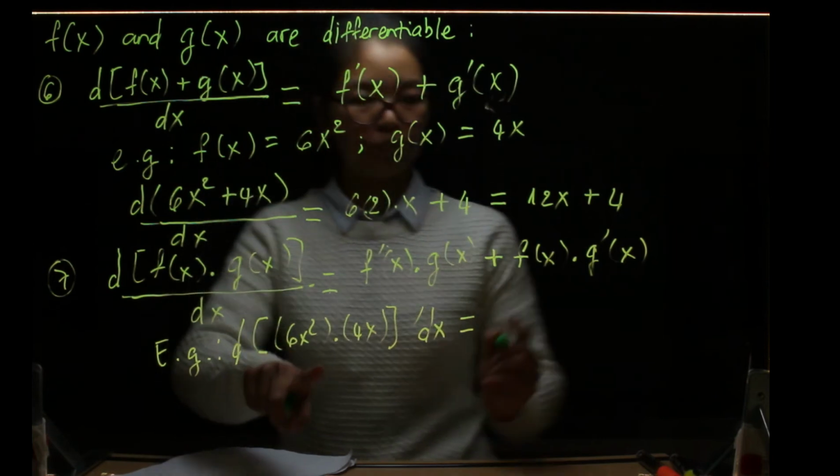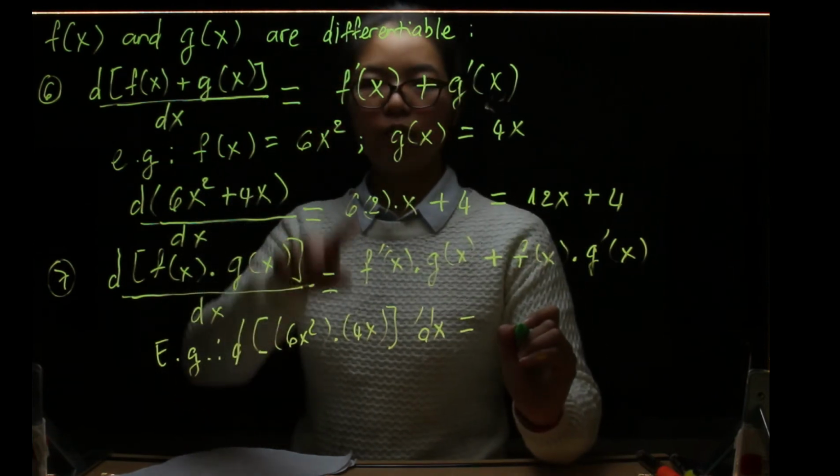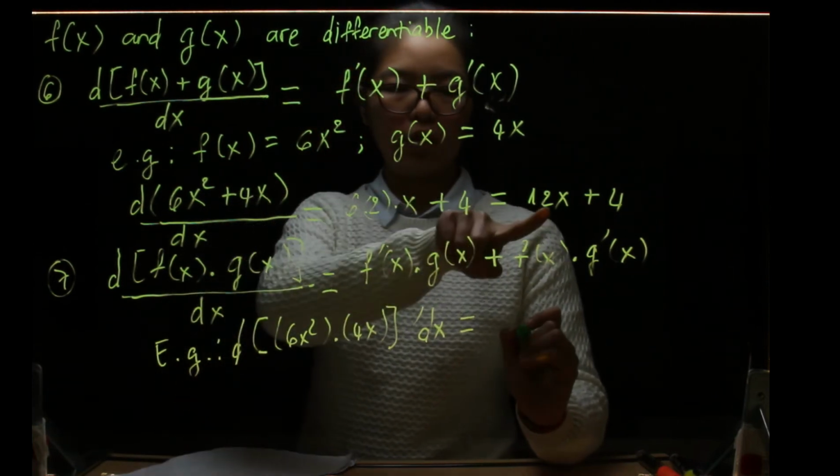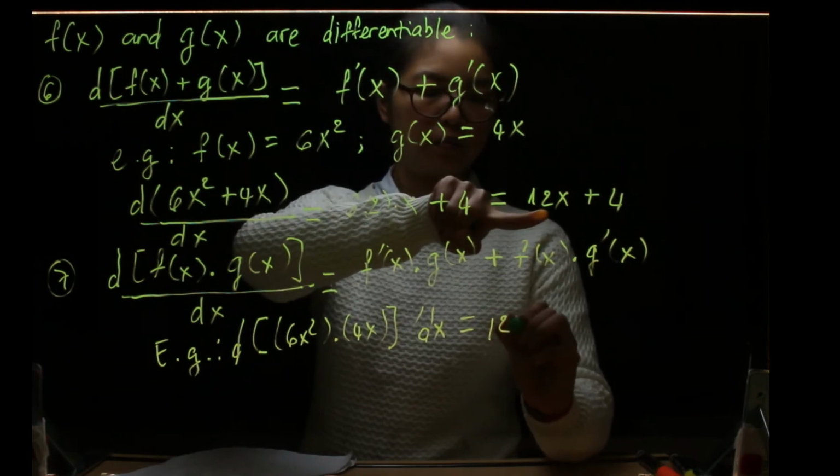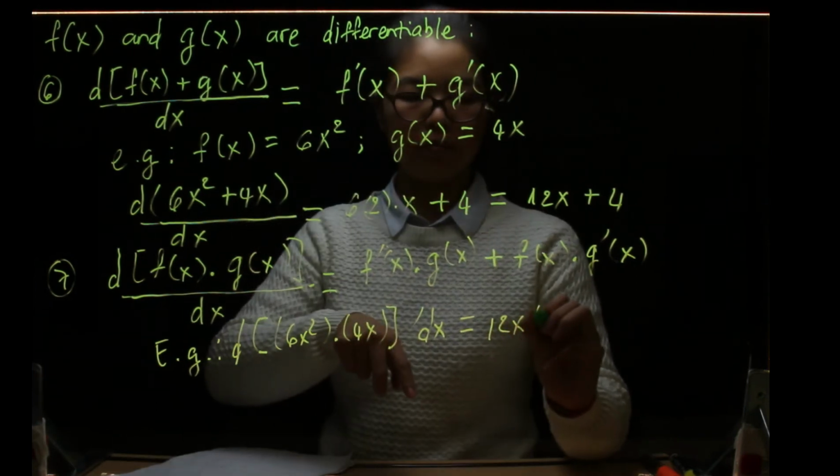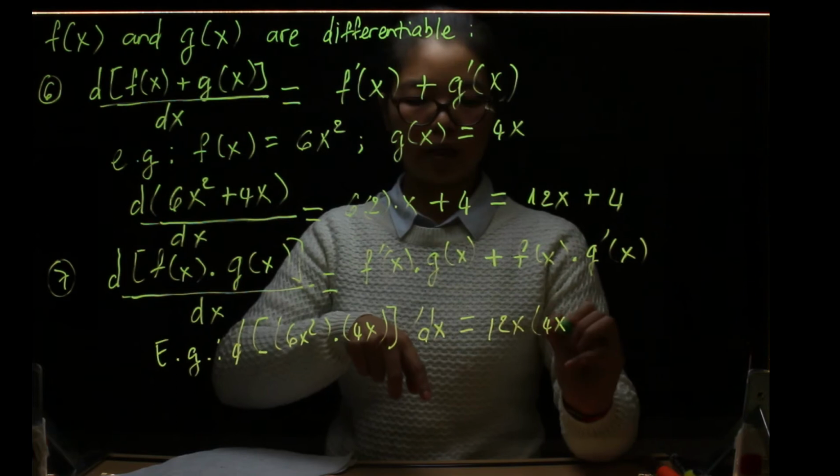That would be the first derivative, 12x, times 4x.